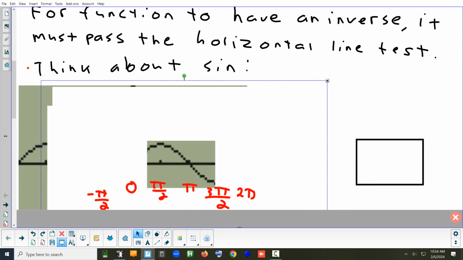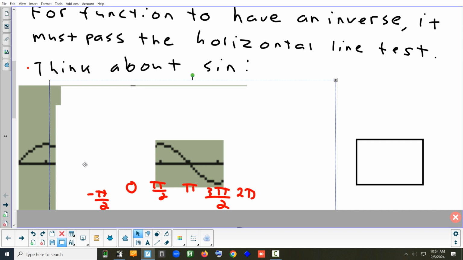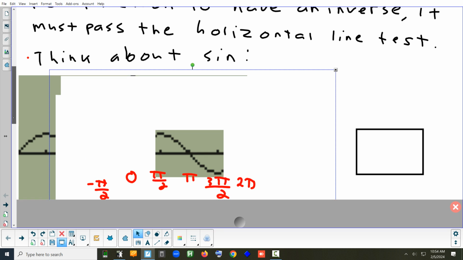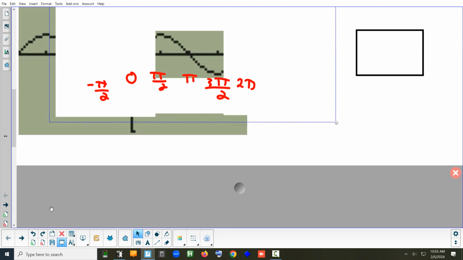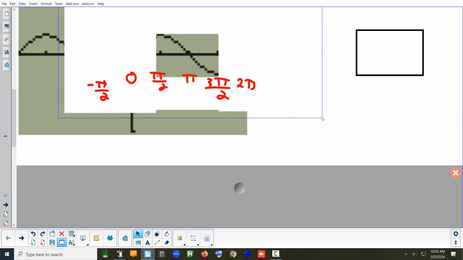So you said pi over 2 to 3 pi over 2? That would be about right there. If you look at that section of the wave, it's a little bit big, but let's see if I can fix it. That section looks like it does pass the horizontal line test from pi over 2 to 3 pi over 2.